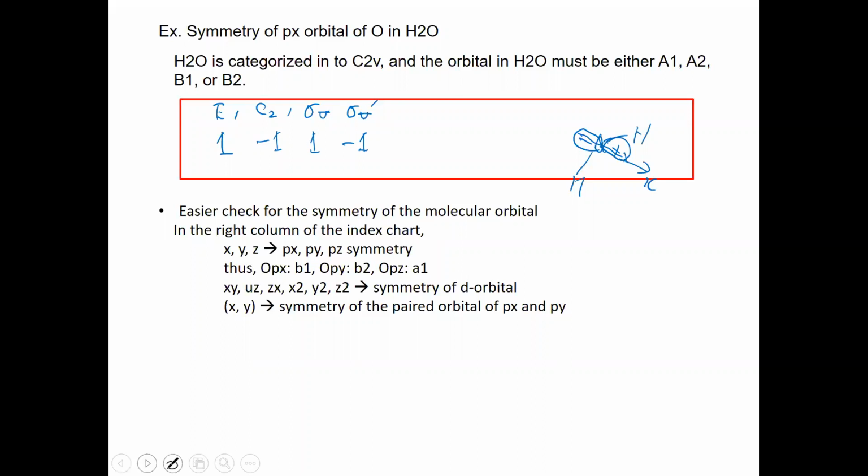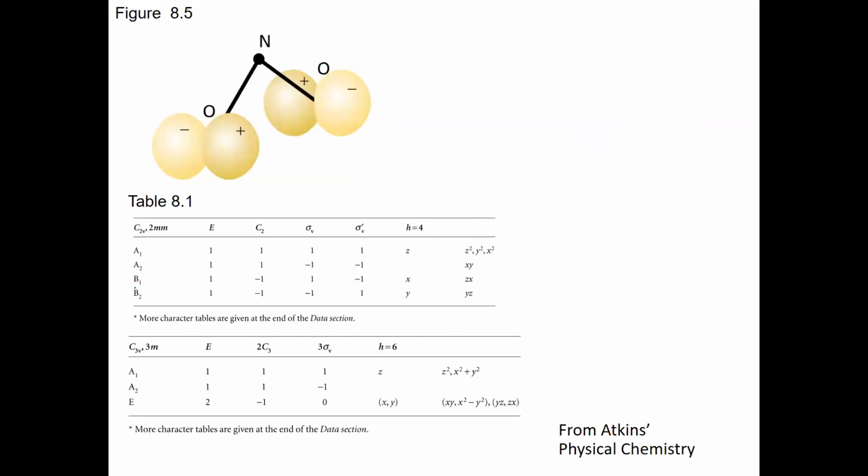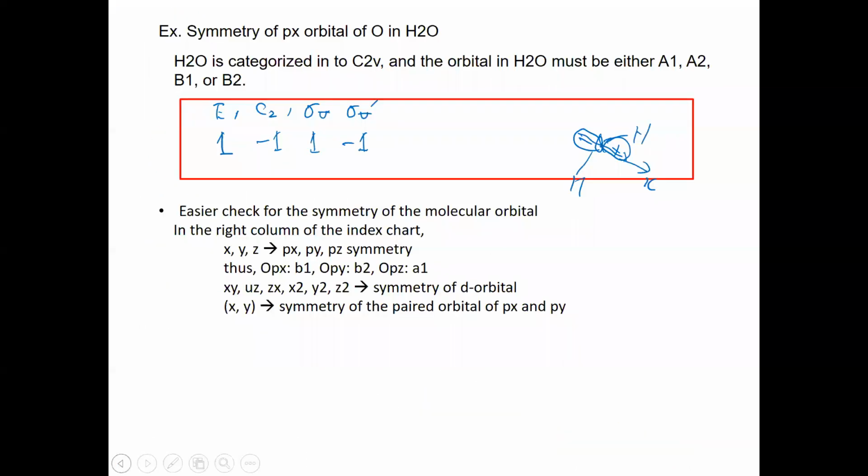So that means this is categorized into B2 category, no, B1 category. So the molecular orbital is given by small b1, right? However, there's a much easier way to understand the molecular orbital symmetry by using the index chart, which is given here.